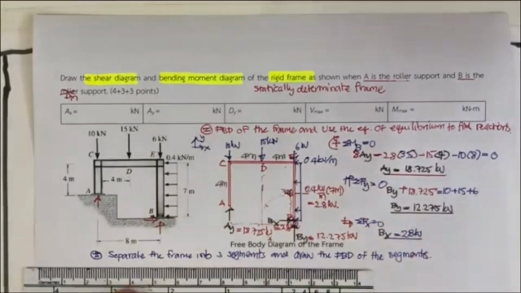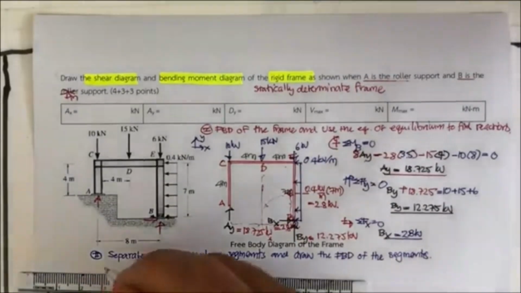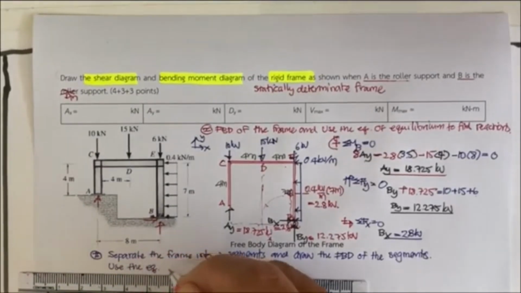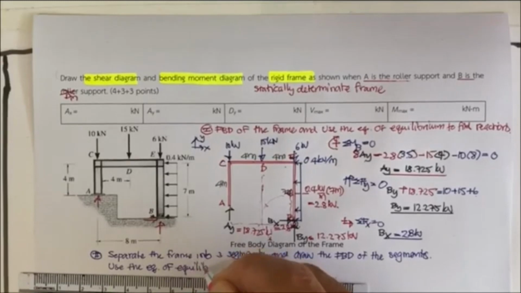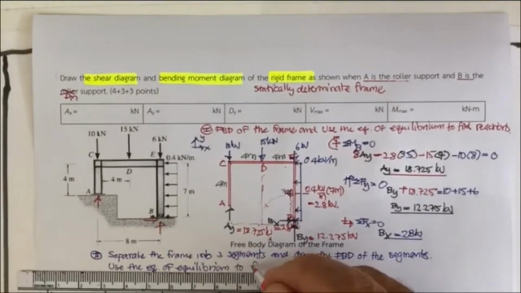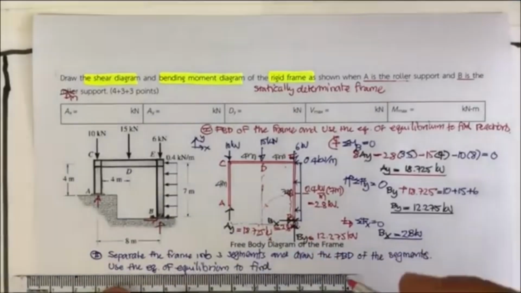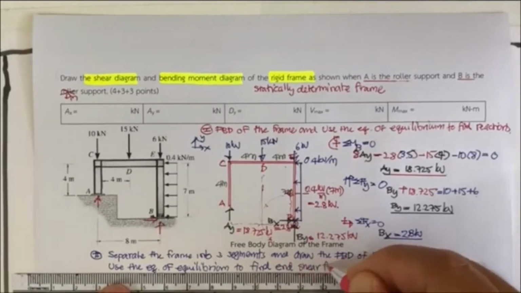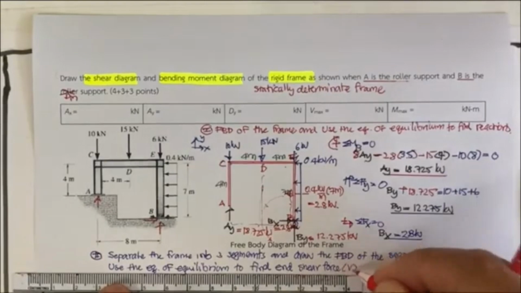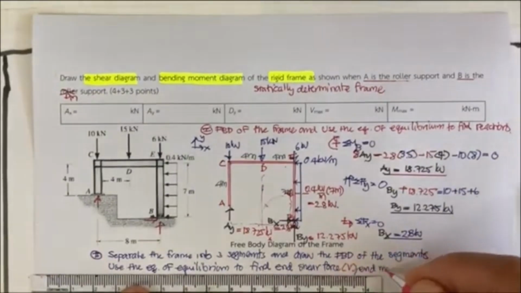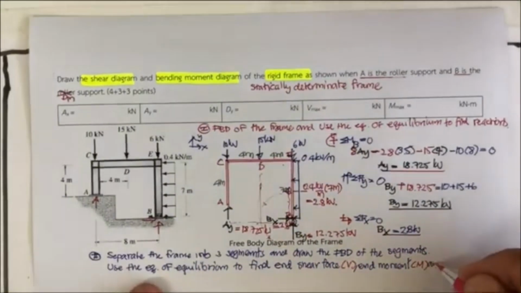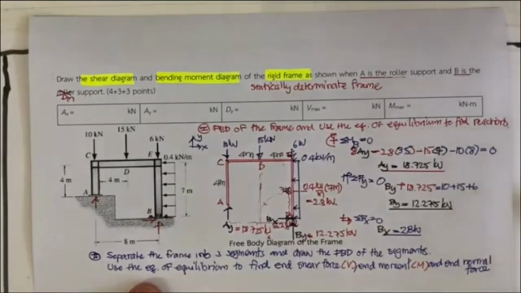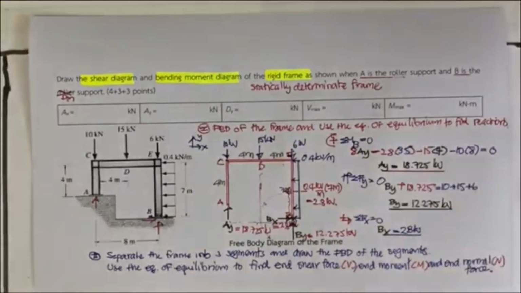After you finish drawing the free body diagrams, you use the equations of equilibrium to find the end moment and end shear force, that is going to be the V, and the end moment, that is going to be the M, and also the end normal force, that is going to be N. Okay, that's all we are going to do.